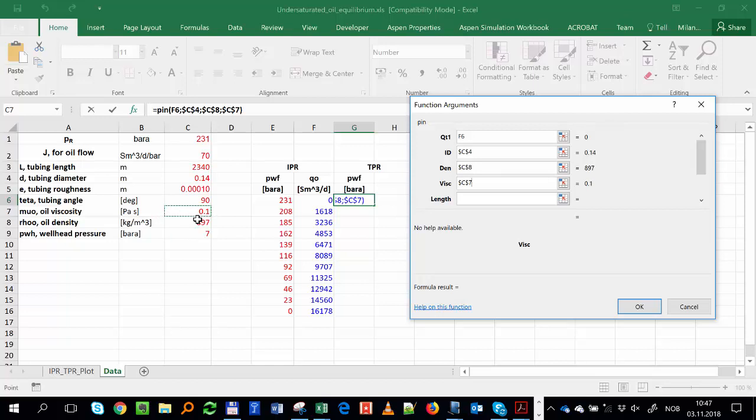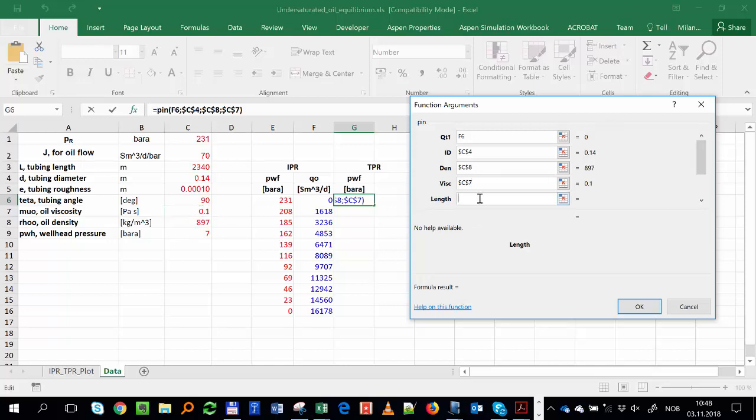Is it high or low? It's relatively high, okay? It's not honey, but it's very thick. Normal oil, maybe what you produce here in Mozambique, maybe it has 1.2 centipoise, 1.3, okay? If we have 100, it's 100 times that. So it's going to cause a very high pressure drop.